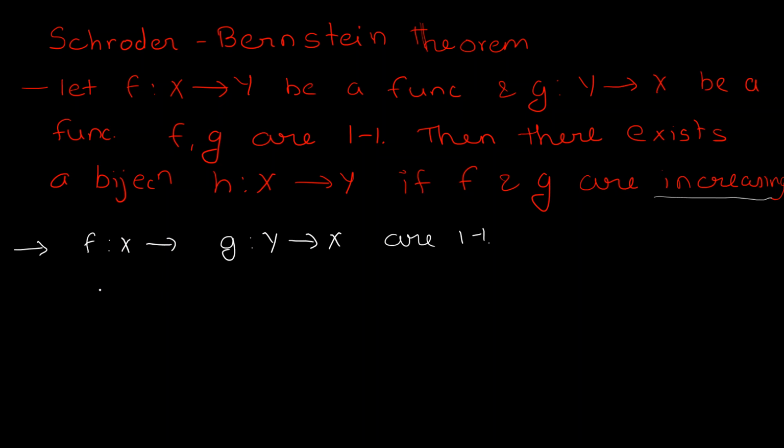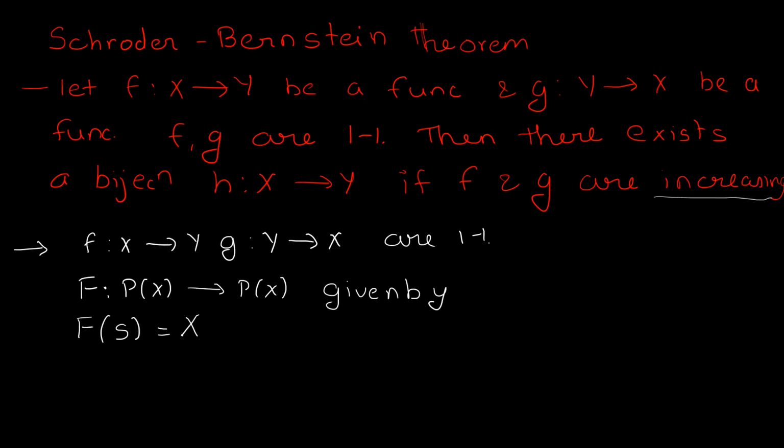What I will do is consider a function capital F from the power set of X to the power set of X, and it is given by: I will define it to be F of S equals X minus g of (Y minus f of S). Okay, we'll see this via an example or a diagram. That is, F of S equals X minus g of (Y minus f of S).